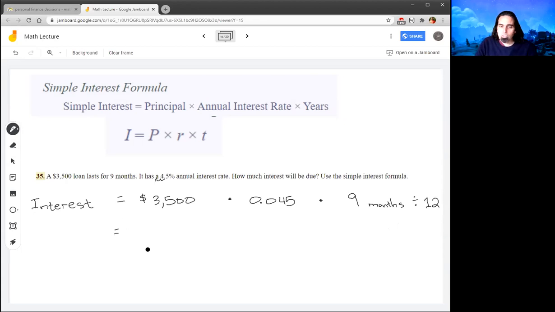Okay, so we plugged things in the formula and our work is done. Now it's the calculator's job, right? 3,500 times 0.045 times 9 divided by 12, and I get $118.13. So that's much better than all this long-winded work we've been doing.